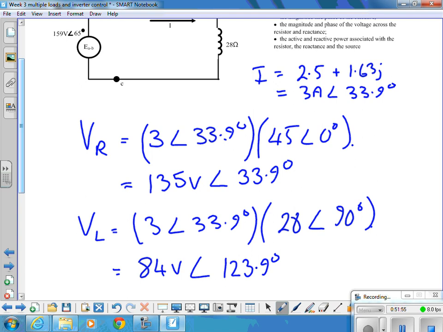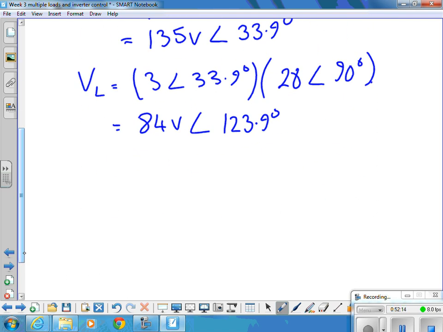Even if you're working in rectangular, at some point the final answer will usually be wanted in both forms because you want to use it later on, or in magnitude angle form. Alright? Everyone happy with that?